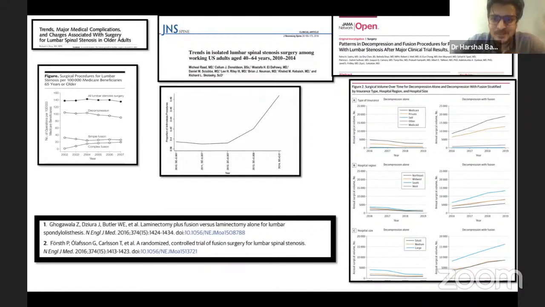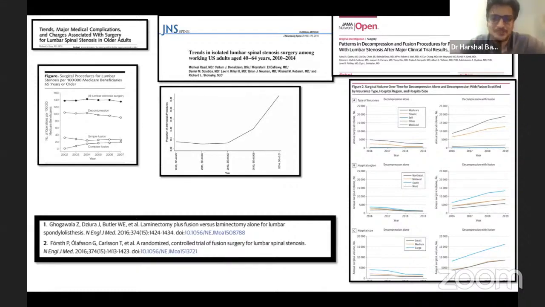But largely, even after these RCTs and everything, the trend is always towards fusion. This is very good literature, and it's a trend that has been developing. And I would want an opinion from Sheetal sir, who has seen the growth of spine surgery in the last couple of decades. So, sir, what do you feel?